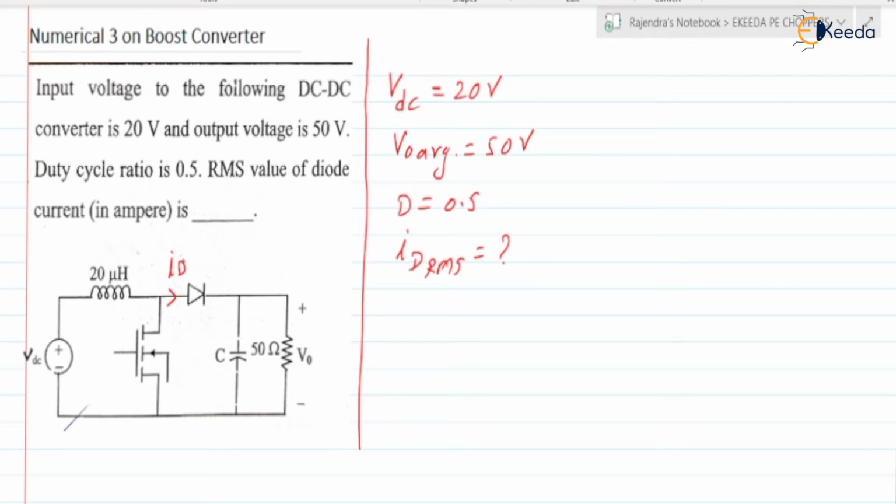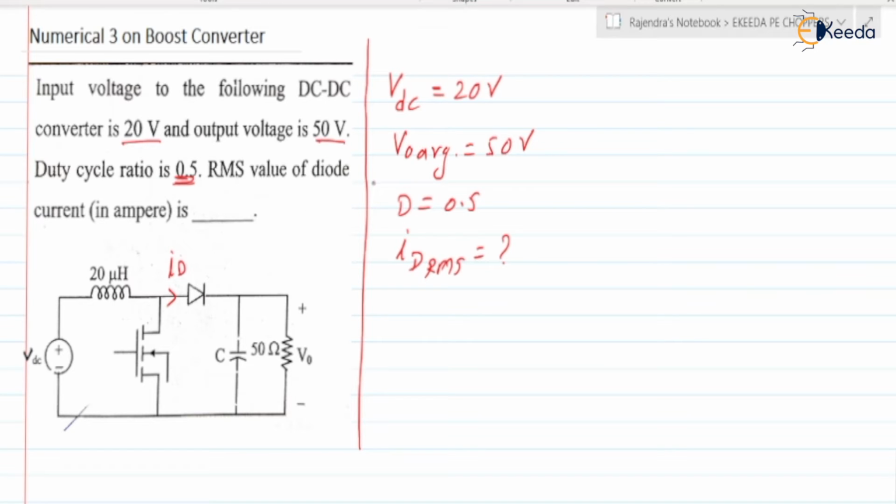Now, first of all, let us check whether from the circuit diagram we can say that it is a boost converter. If you check, the duty ratio is 0.5, input voltage is 20 volt and the output voltage is 50 volt.